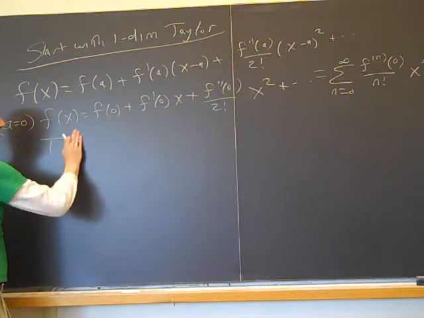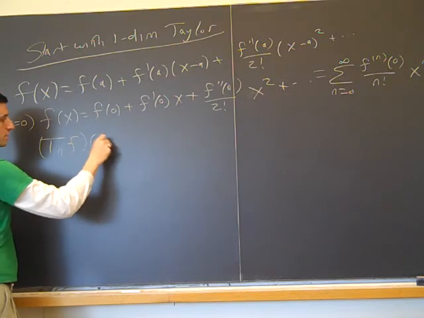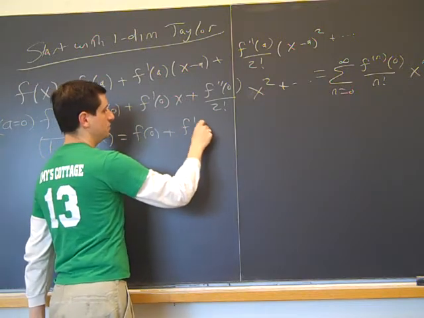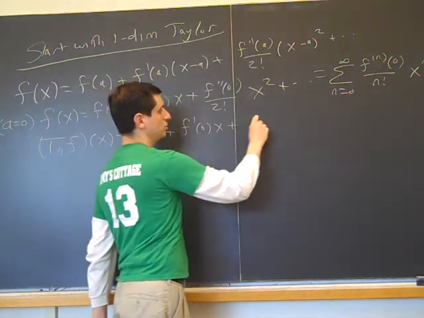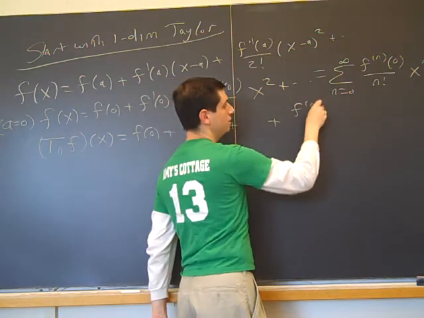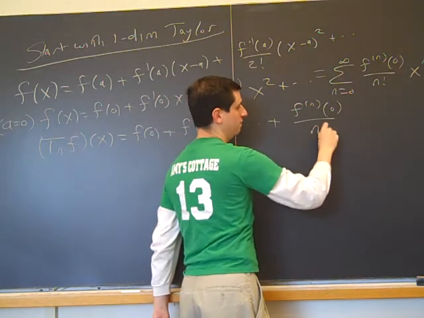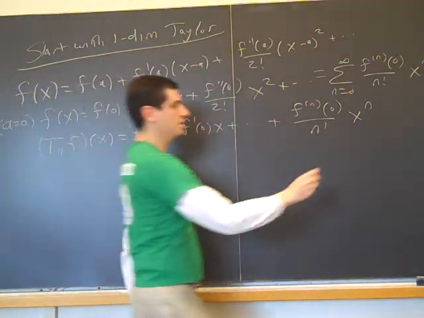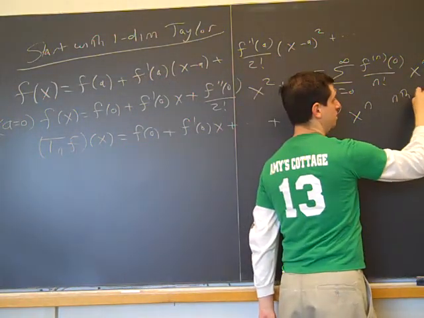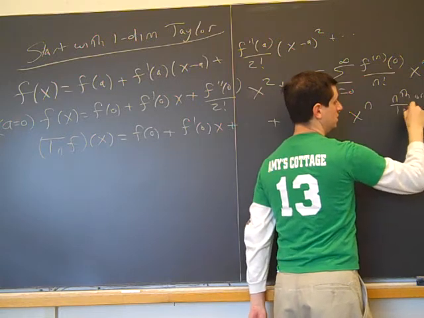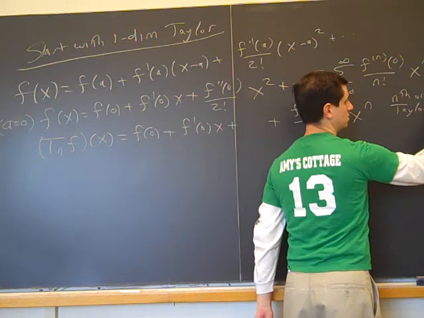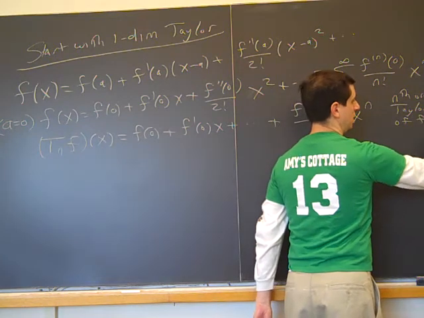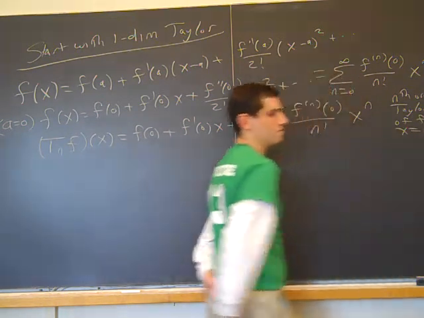T_n f of x will be f of 0 plus f prime of 0 times x plus dot dot dot plus the nth derivative at 0 over n factorial x to the n. So this is the nth order Taylor series of f about x equals 0.